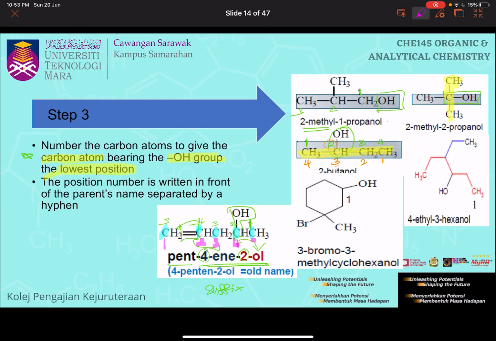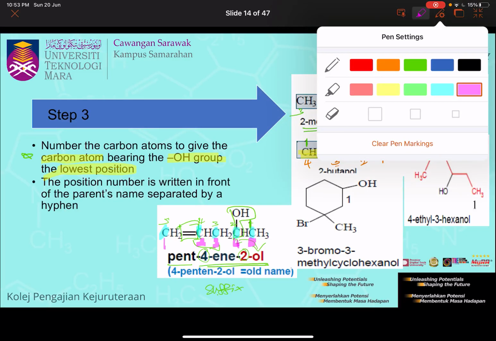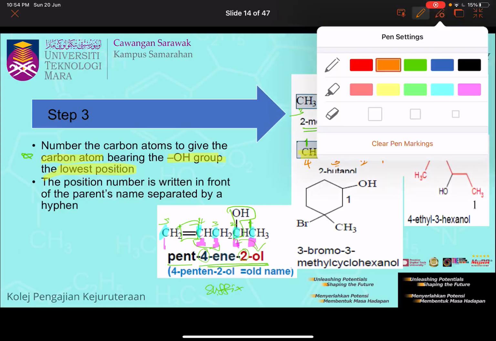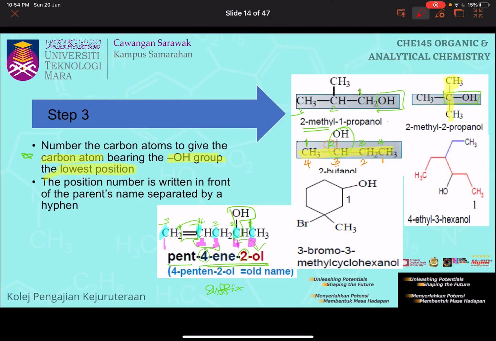Because if we start from the left hand side, the carbon bearing the OH group will become the 4th carbon. This is not the lowest position it can give. So please be very careful with that as well. You have to be able to identify which one will give you the lowest position.